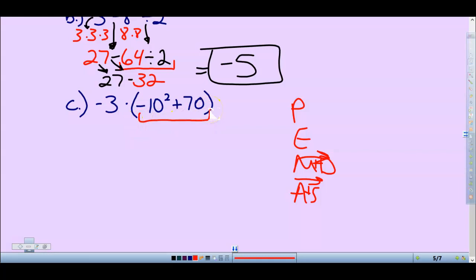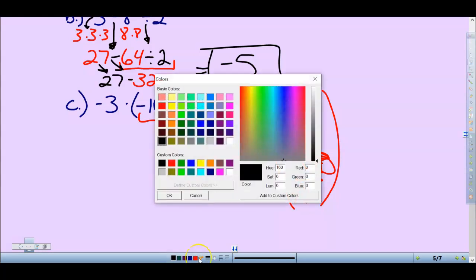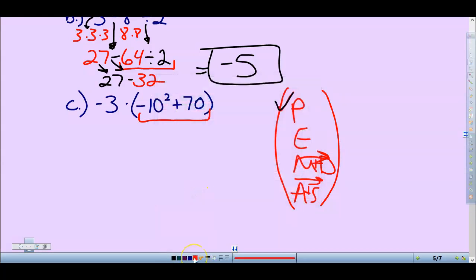Okay, so inside this parentheses, I see negative 10 squared plus 70. I want to follow the order of operations inside parentheses too. Okay, so inside this parentheses, I do not have any other grouping symbols, so parentheses are done inside there. Instead, we're going to do the exponent.